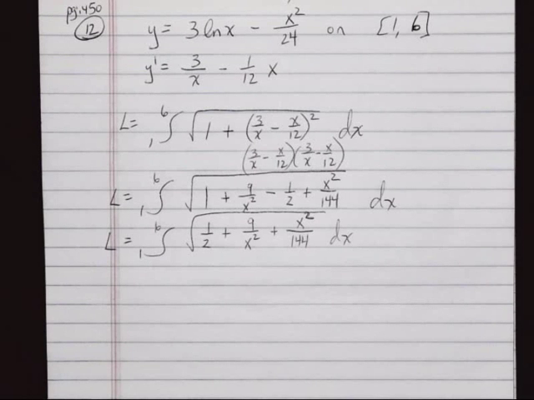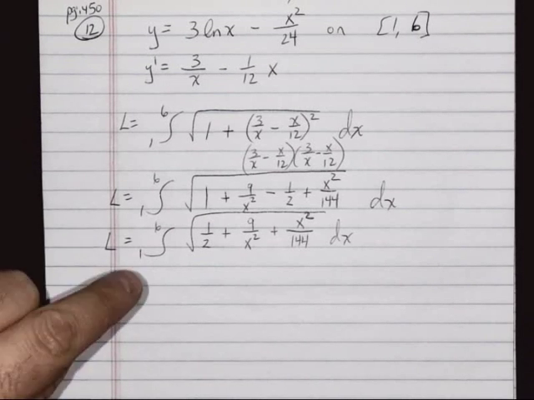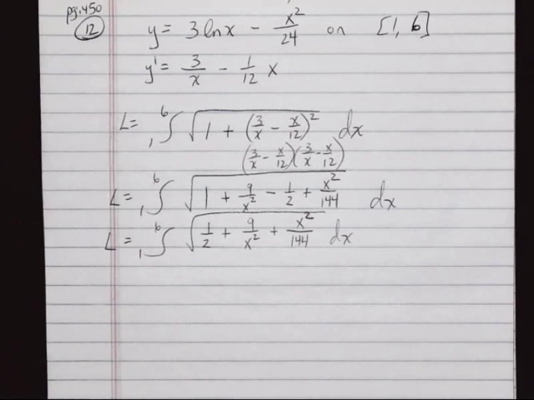Part of this will be experimental, some trial and error. But, like I said, the long range goal is to just try to get rid of that square root. That'll make it way easy to integrate. So the GCF here would be 144x squared for all 3 of those fractions.